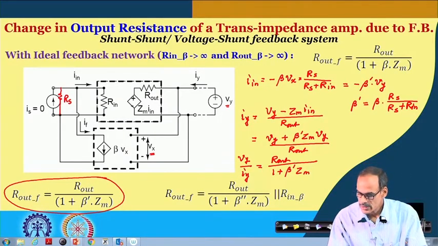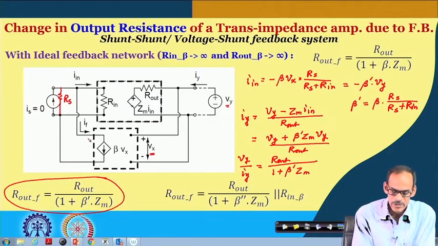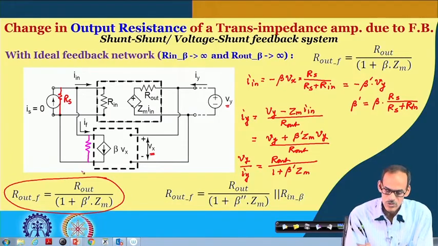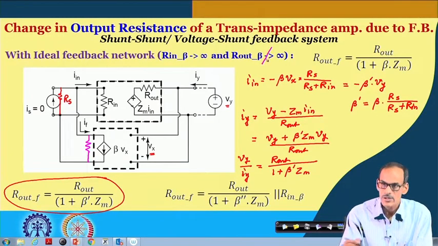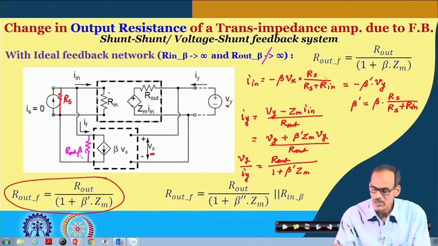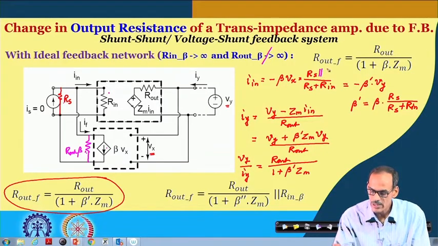Now, in addition to this, if I consider that this circuit also has some finite conductance, that means we do have R out of the beta network. So, this current will have further division, and the current flowing through this one will be further reduced. In fact, these two resistances come in parallel. So, this R s and the R out of the beta network come in parallel.